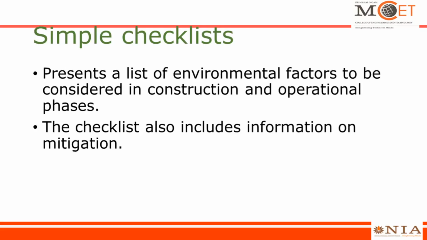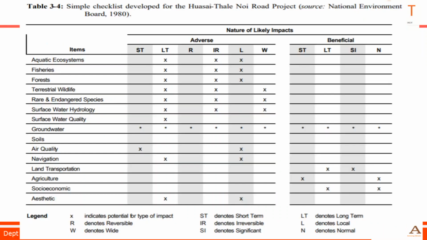A simple checklist presents a list of environmental factors to be considered in construction and operation phases. The checklist also includes information on mitigation, but not in detail. So this is an example of a simple checklist that was developed for the Husai Thel Noi Road project in 1980 by the National Environmental Board.